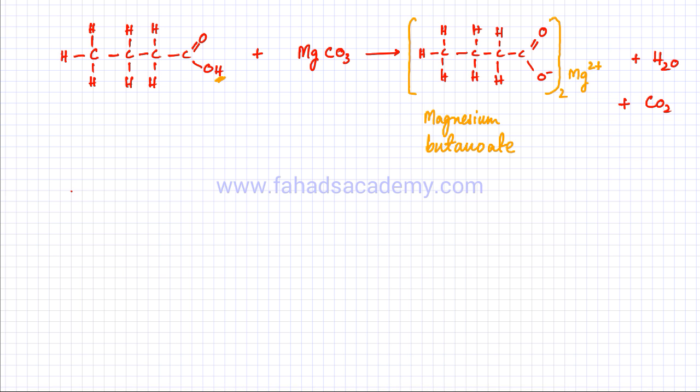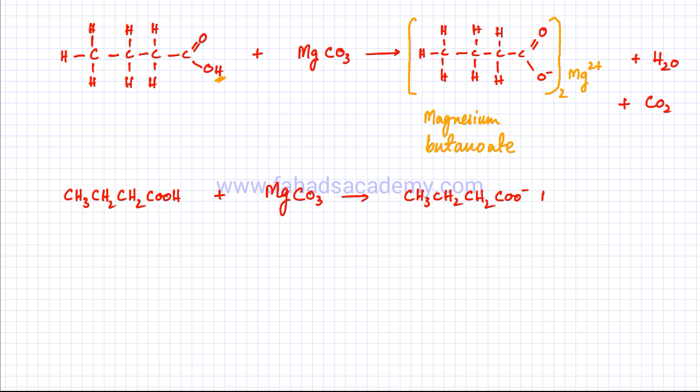So it's going to be CH3, then you have CH2, then you have another CH2, and then you have COOH, plus I'm reacting it with magnesium carbonate, and it's going to produce magnesium butanoate, which is CH3, CH2, and then you have COO-, and you have Mg2+.